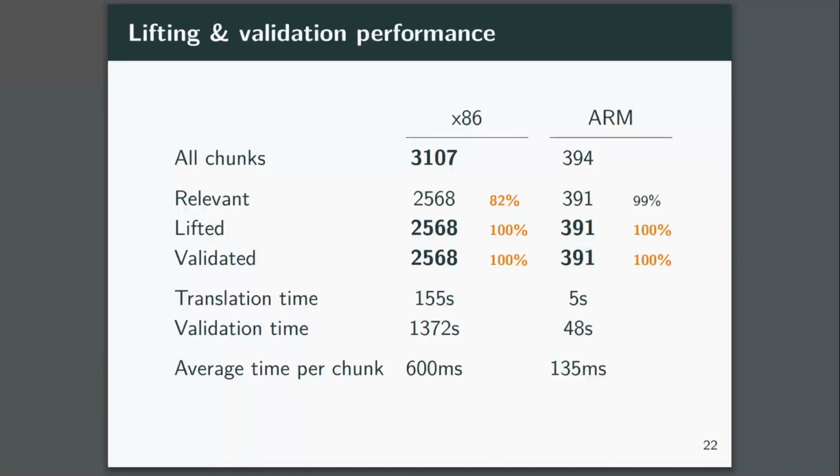On the 3,000 assembly chunks we found in the Debian distribution, we were able to extract the semantics of 2,500 blocks, lift them in C, and of course validate all the translations with our dedicated techniques, with an average time of 600 milliseconds per chunk.